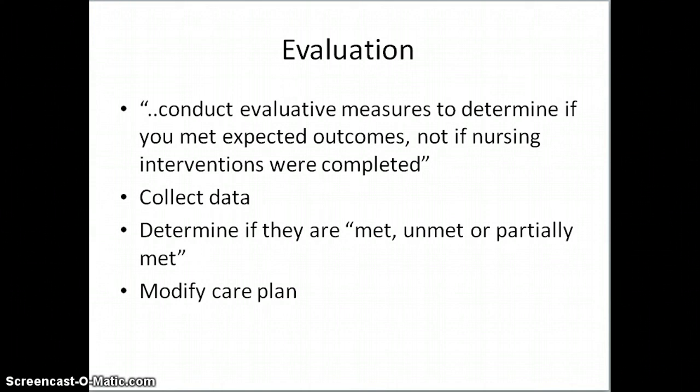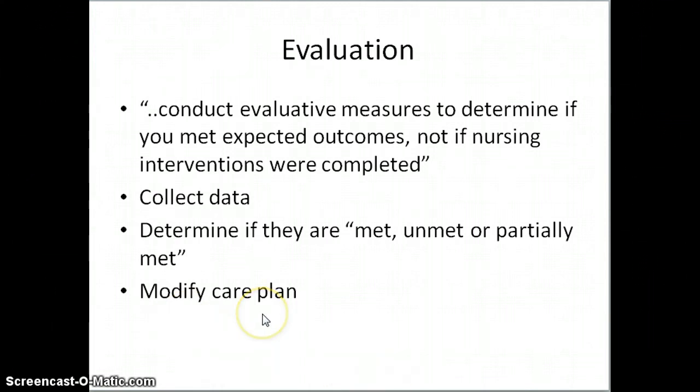So we measure the extent to which the goals and outcomes have been met, and they either are fully met, partially met, or they weren't met at all, they were unmet. And we will determine that then when the date comes that we have set. So if my goal was that the patient will walk in the hall 20 feet by Friday, when Friday comes and I look at that goal that was written and I say he's walking 20 feet every day, he has met that objective.